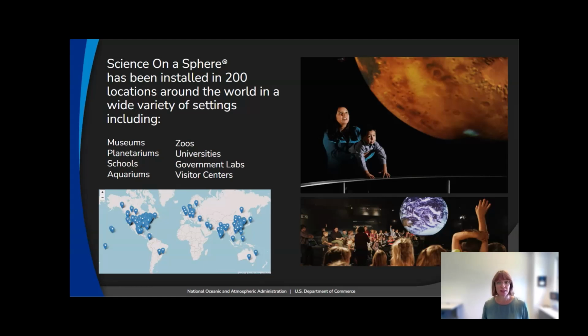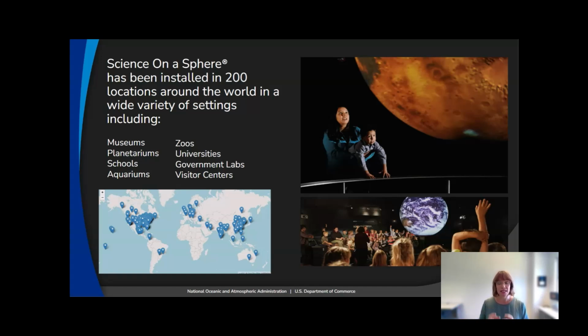So Science on the Sphere is a fabulous education tool that was invented and developed here at NOAA Boulder and has been installed in 200 places around the globe. Those range from science museums, aquariums, planetariums, sometimes even lucky public or private schools.